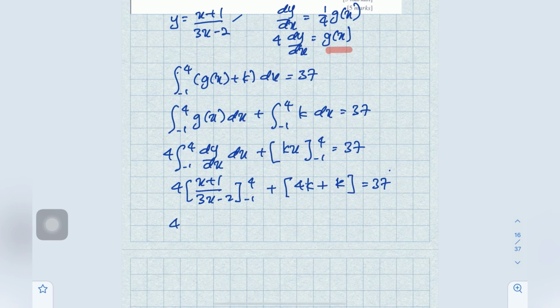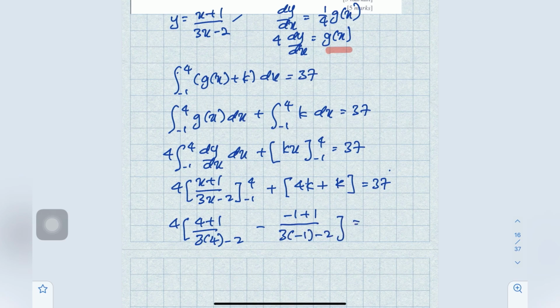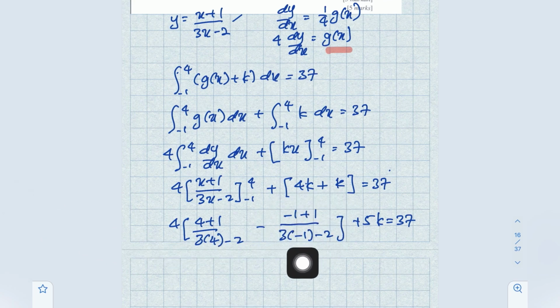Okay, so this one (4 plus 1) over (3 times 4 minus 2), minus dengan (negative 1 plus 1) over (3 times negative 1 minus 2). Okay, plus dengan 5k equals 37. Okay, this one tengok negative 1 tambah 1, 0. 0 bahagi dengan apa-apa pun 0. So, tak ada hal.